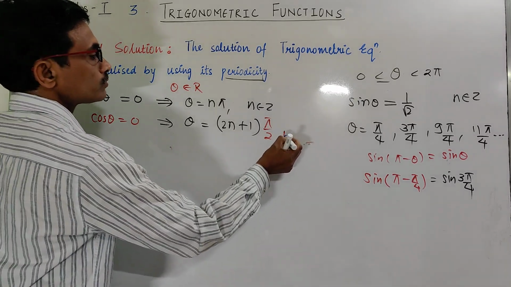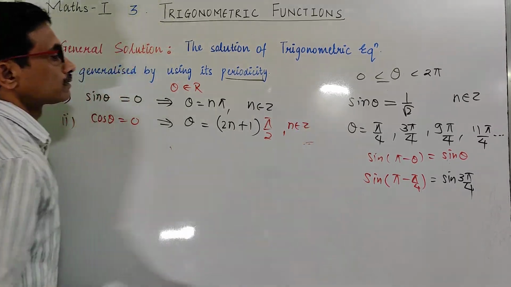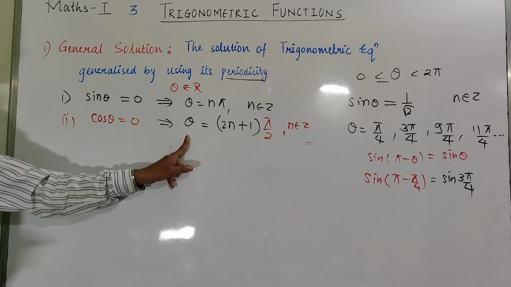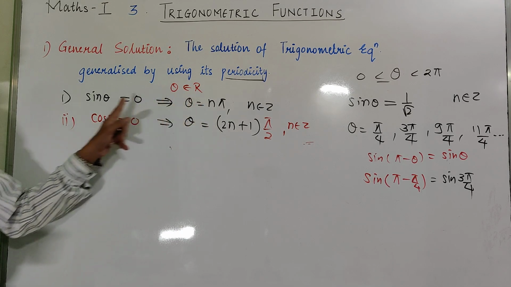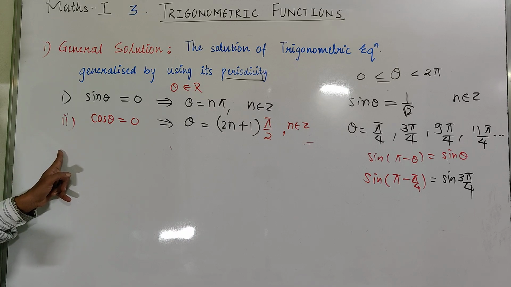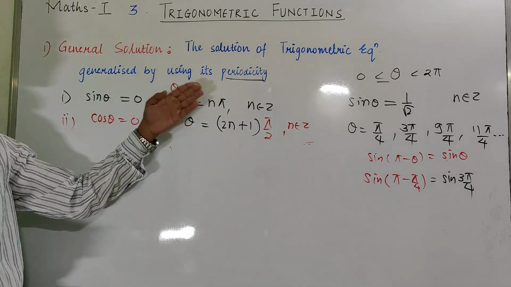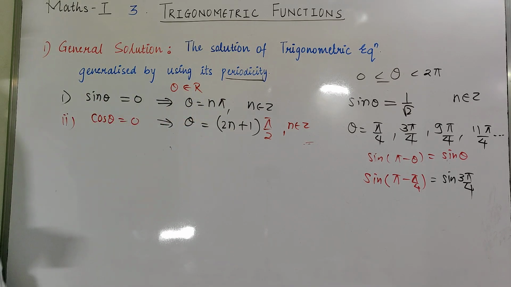Since 2n is even, 2n plus 1 becomes odd, so theta is equal to (2n plus 1) pi by 2, where n belongs to Z. This is the general solution. We write the general solution of the trigonometric equation by using n, where n is an integer. So we generalize the solution by using the periodicity of the trigonometric functions.